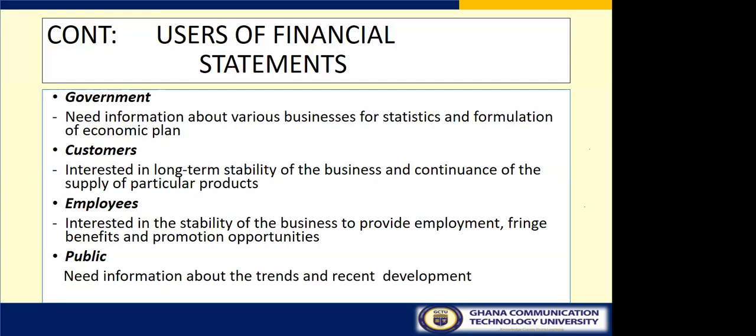If the business will be there today and tomorrow it will not be there again, then why should I go and buy this particular product from the company? So they need to know that this business can continue to supply this particular product in the long run. It's very, very important. And they will get to know this when you publish your financial statement showing that the business is doing well.